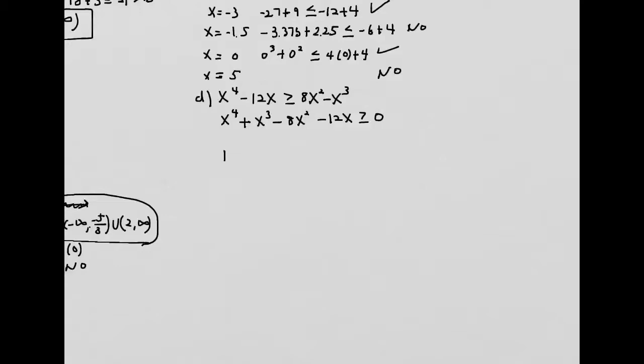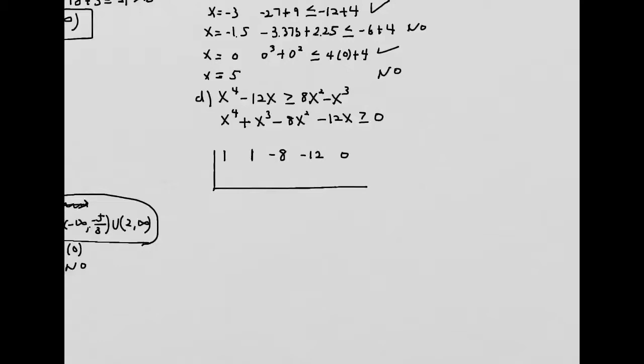So the coefficients are 1 from the fourth power, 1 from the cube, negative 8 from the square, negative 12 from the linear, and you have 0 from the constant. And we want to divide this by, let's see, the factors of the last term, 12, and the leading coefficient is 1.